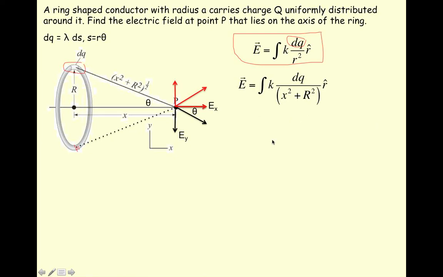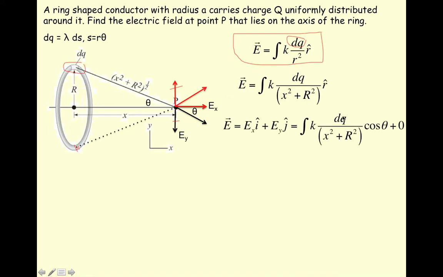The electric field along the y direction will cancel because they are equal, simply because of symmetry. Ey will cancel, and the only thing I'm going to have is Ex.